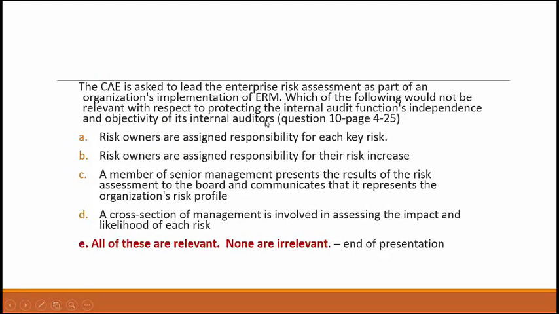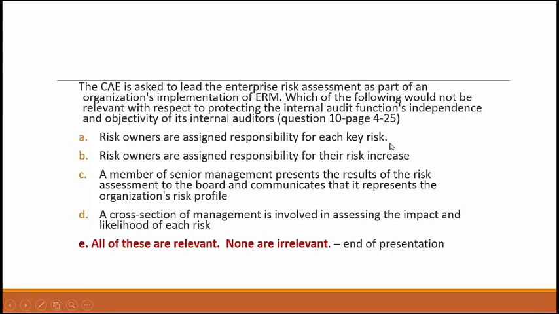Okay, let's do this last question and then we'll call it a day. The CAE is asked to lead the enterprise risk assessment as part of the organization's implementation of enterprise risk management. Which of the following would not be relevant with respect to protecting the internal audit function of independence and objectivity of the auditor?